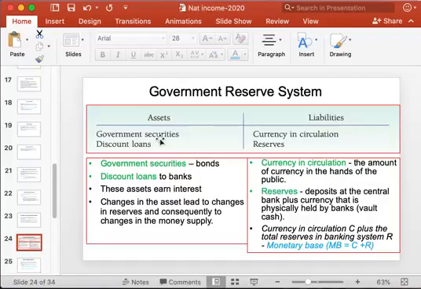Another asset in the government reserve system is the discount loans.